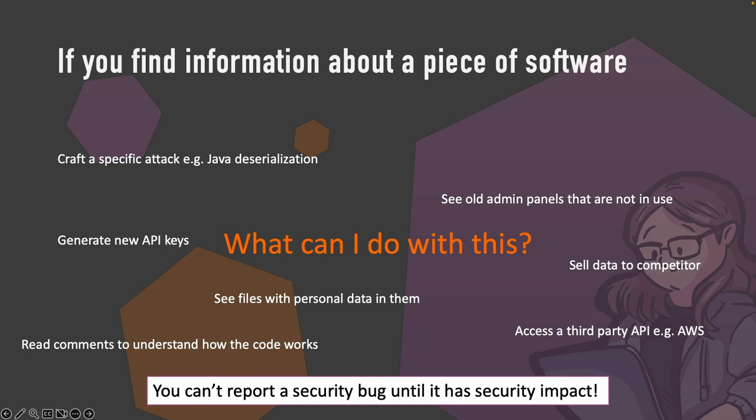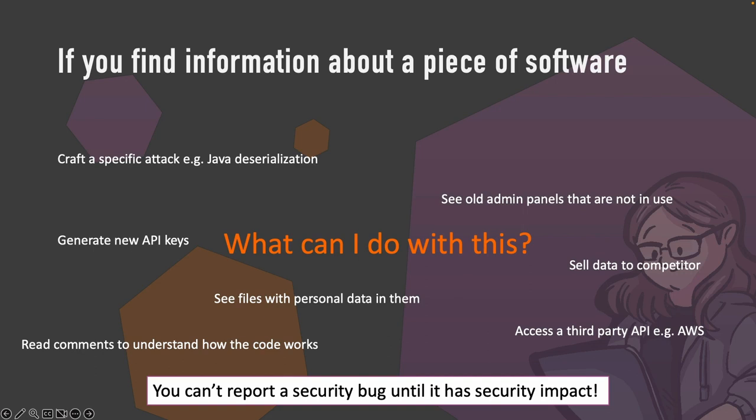Now, you could generate new API keys, so you might be able to take an AWS key and then turn that into more API keys. You might be able to see files with personal data in them if they're using some kind of flat file database, which, to be fair, is very, very rare. If they've got their data stored in files and you're able to read the file because it's got a debugger on it, and it's just outputting to the web browser, you could potentially find something there.